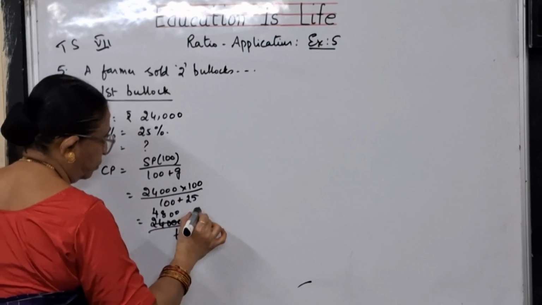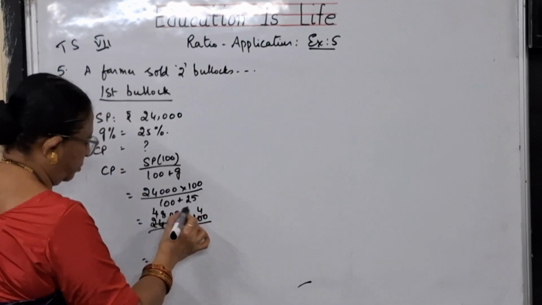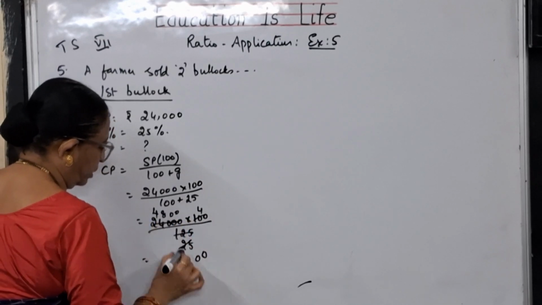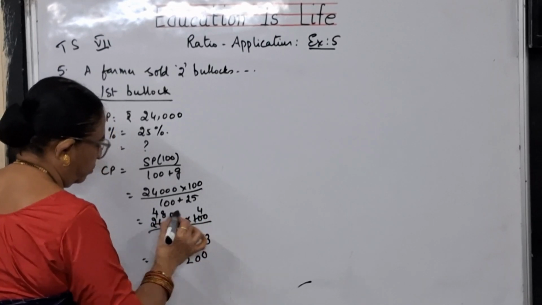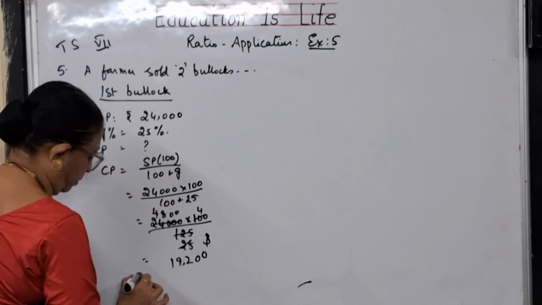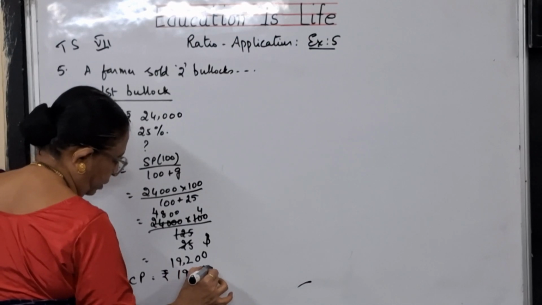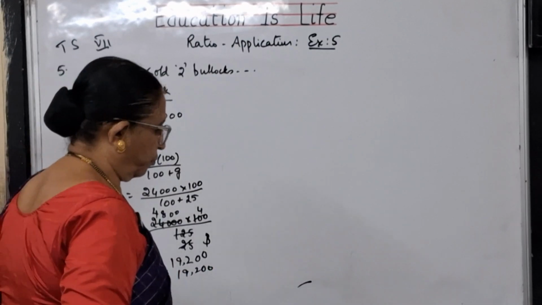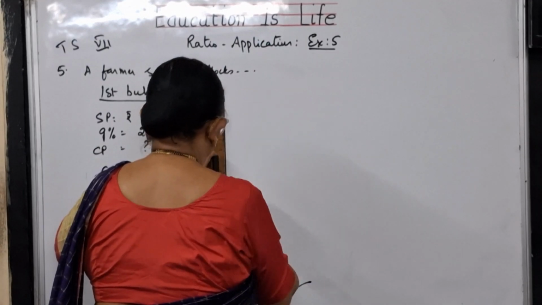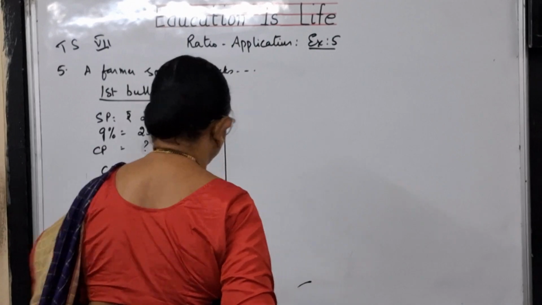So 25 4s are 100. So how much am I getting? I have to multiply 4800 with 4. 4 zeros are 0, 4 8s are 32, 4 4s are 16, 3 is 19. So cost price is equal to rupees 19,200 on the first bullock. Now let us go for the second bullock.